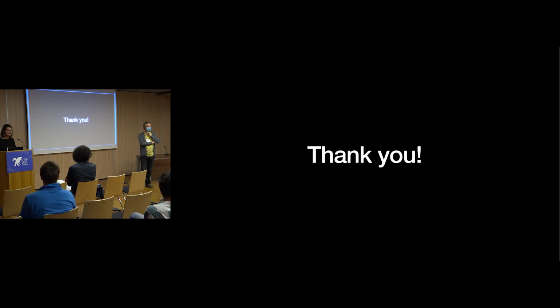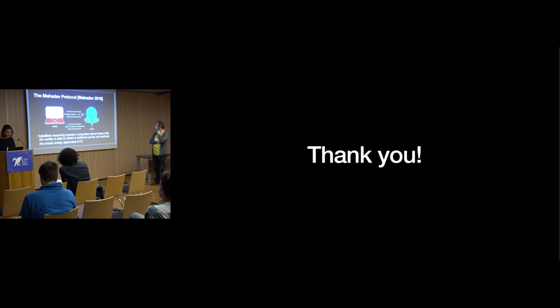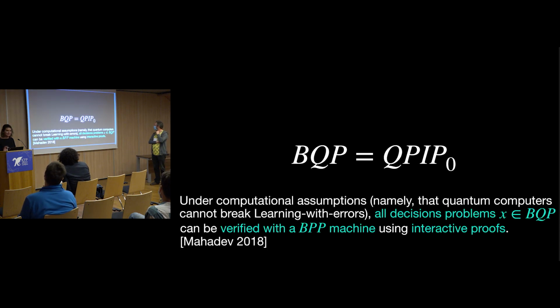Can you go back to the slide that said under learning with error assumptions, things can be done using BPP? Can you say a bit more about this? I know this is your assumption, but I'm trying to understand. Learning with errors is not known to be hard, but it's believed to be hard.